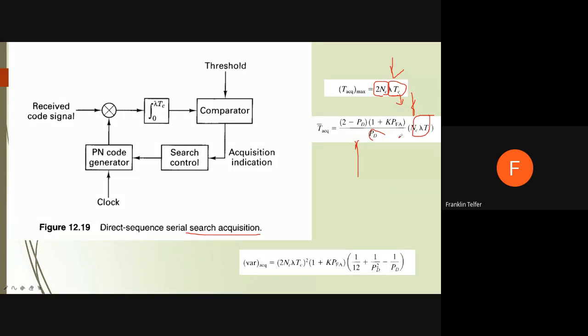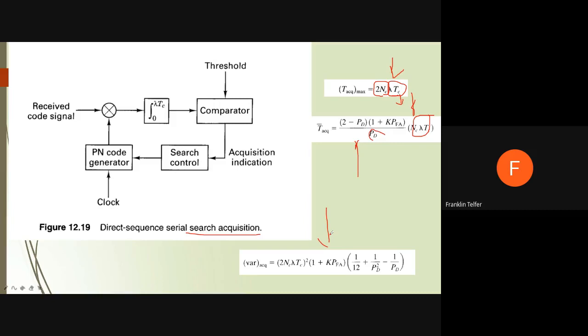If it is not properly synchronized, it will produce a false alarm, for NC greater than half of the chip and K greater than 1. The next formula is the variance of acquisition time, given as 2 NC over lambda TC, the whole square, times 1 plus K PFA. PFA is the probability of false alarm, and PD is the probability of correct detection.